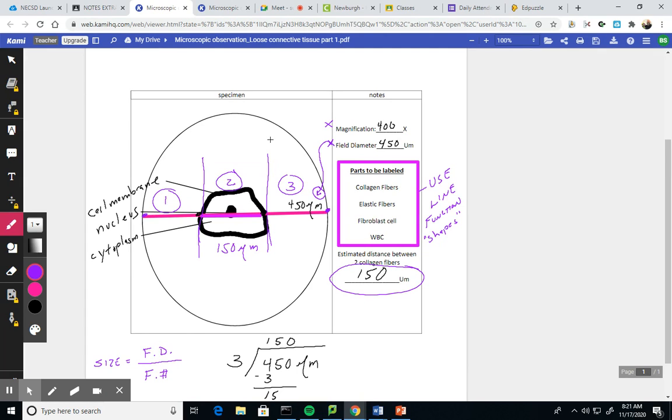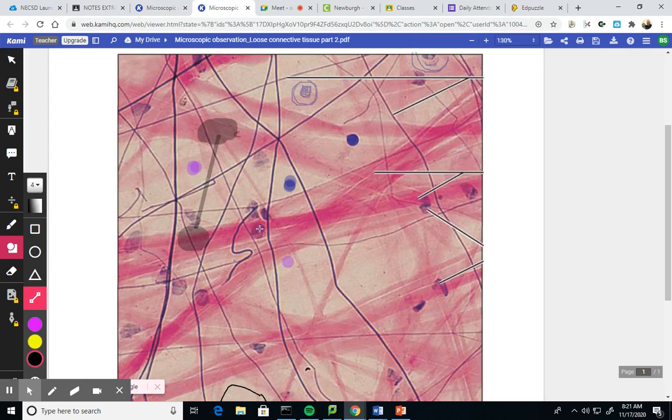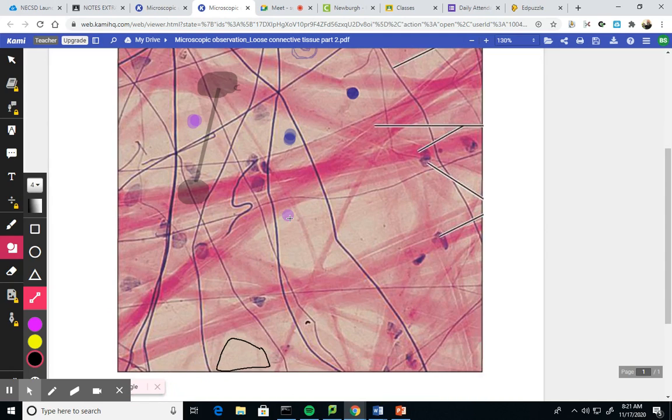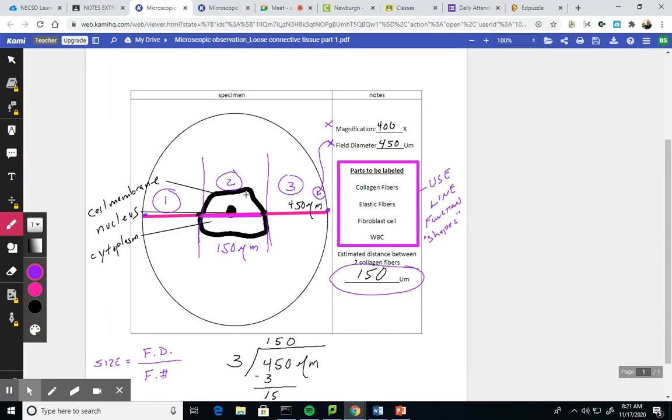And of course, when you're looking at the microscopic observation pictures, it's important to try your best to draw these things to scale, right? To the size that they appear in the picture. And yeah, that's it. If you have any questions, let me know.